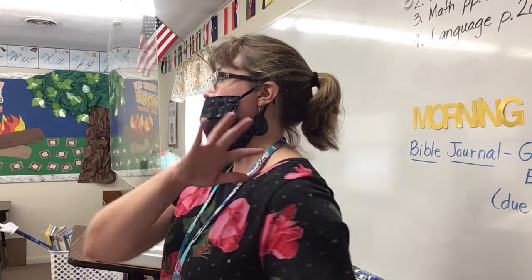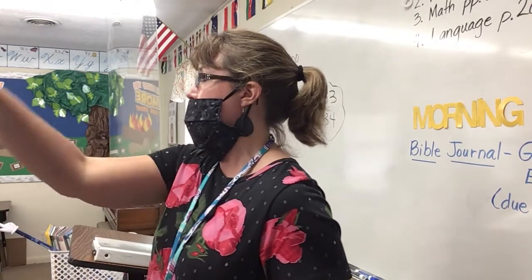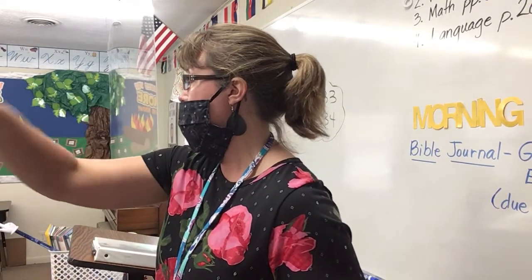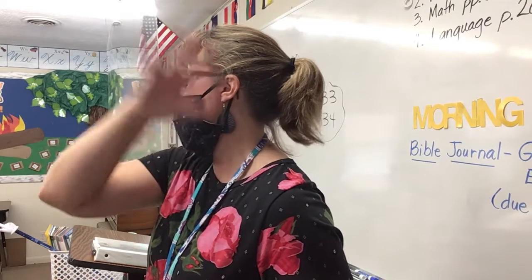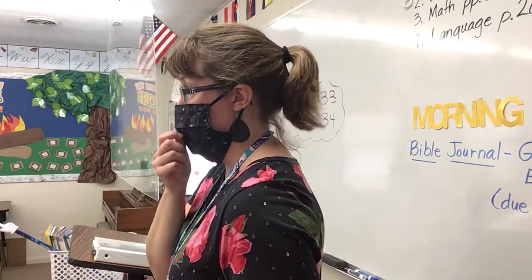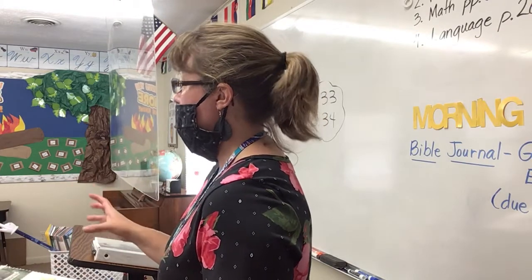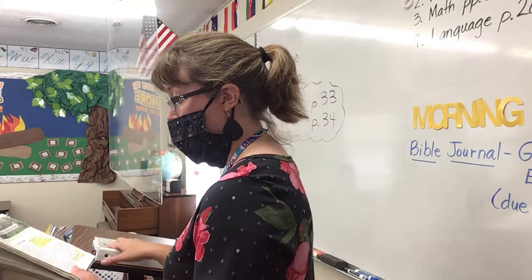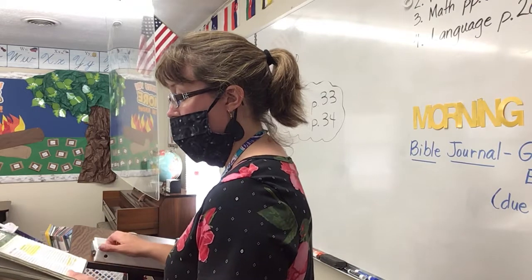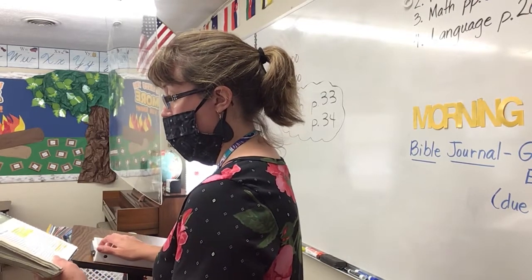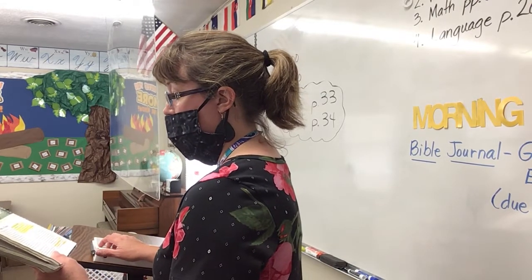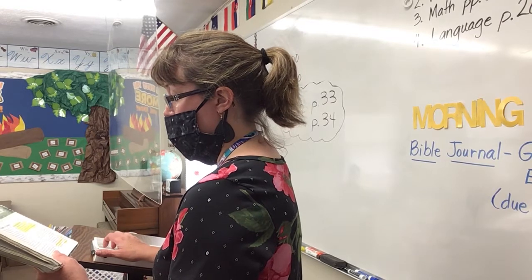All right, so imagine if we counted all the grass that's out in the schoolyard. Millions and millions and millions of pieces of grass. So there's a lot more plants than there are animals and people. The biggest living things on earth are plants, the giant sequoia trees of California.